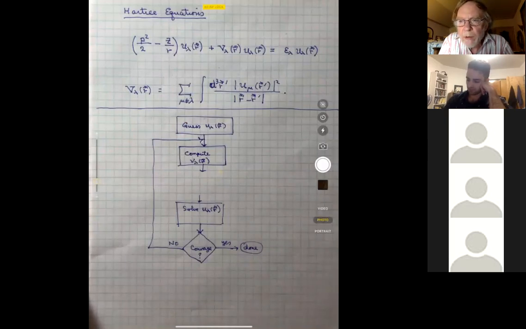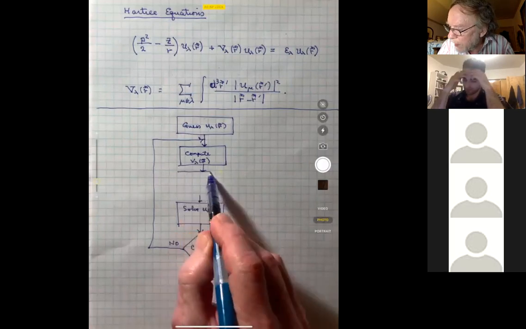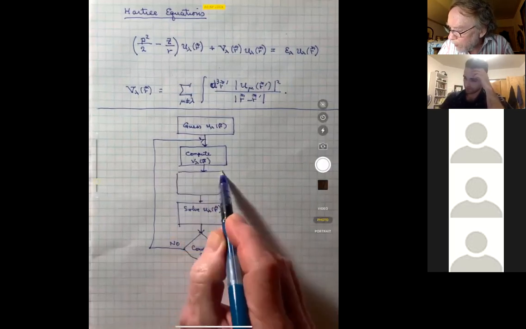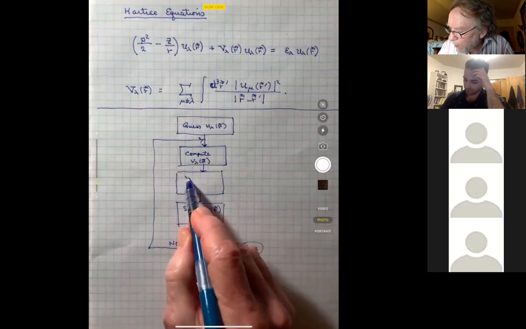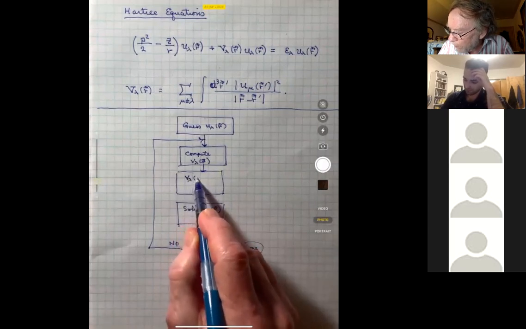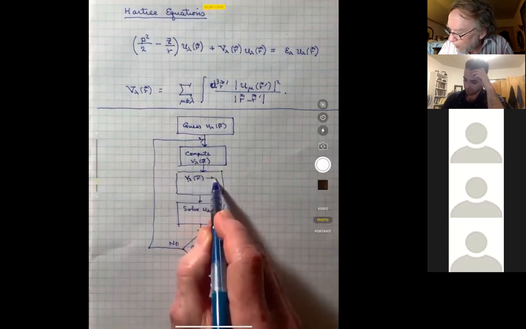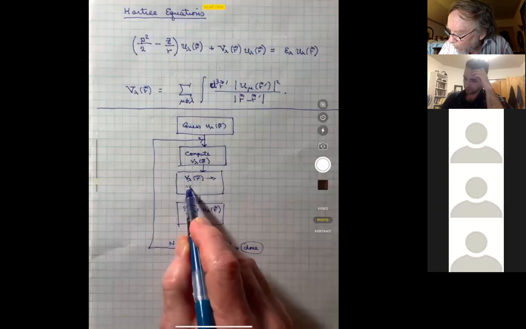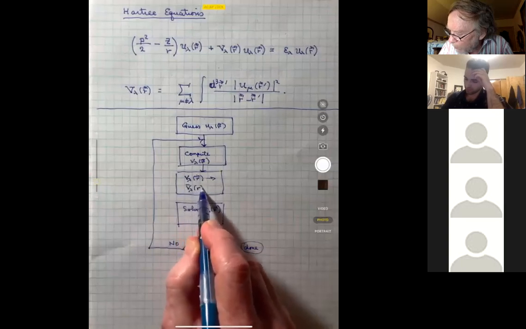Now, general three-dimensional Schrodinger equations with lumpy potentials are a lot harder to solve than central force problems. So Hartree suggested a simplification of this procedure, which is to add an extra step in this flowchart in which the potential V lambda of R vector is replaced by a potential I'll call V lambda bar of R scalar, that's without the arrow on it.